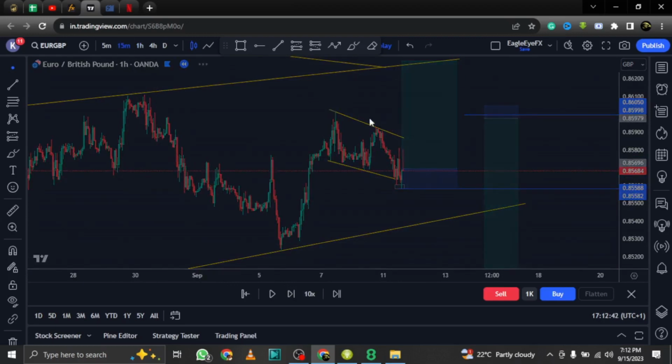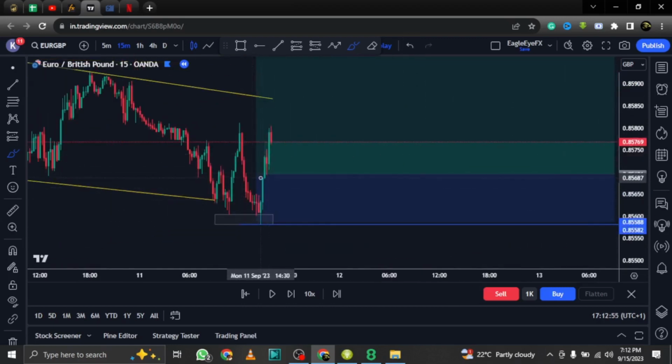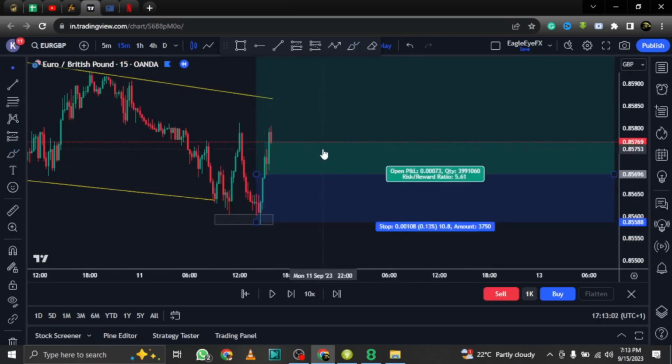So I went to the 15 minutes time frame, and that is when I saw this double bottom over here. Then once it moved up, you can see a very strong bullish momentum. That's when I entered over there. My stop loss was just below that level.